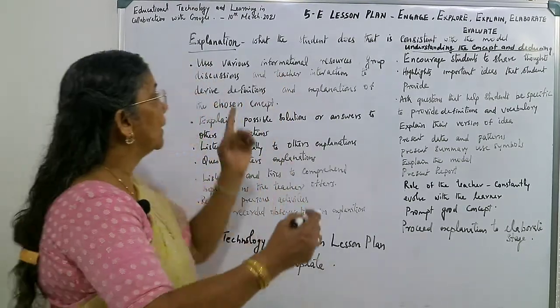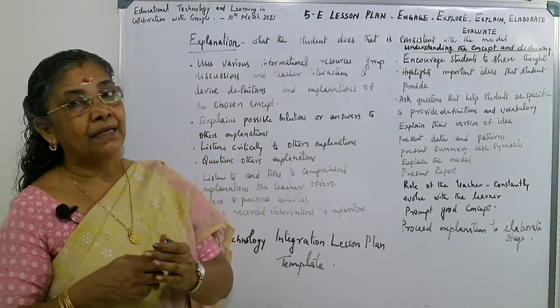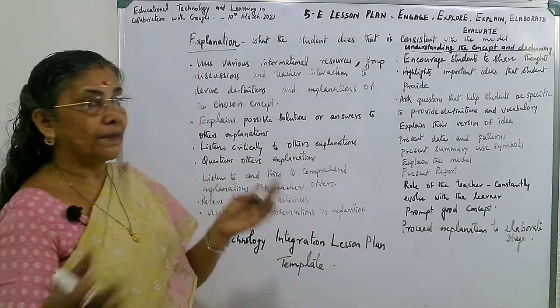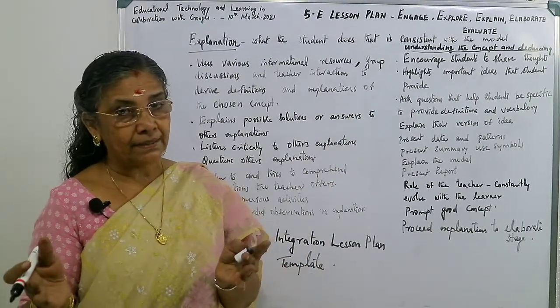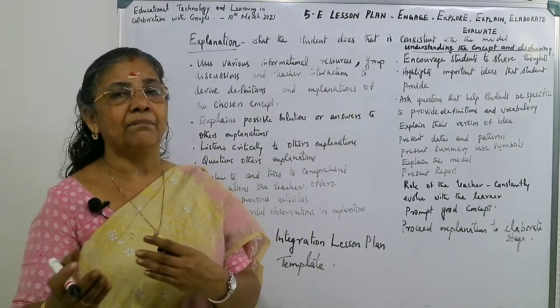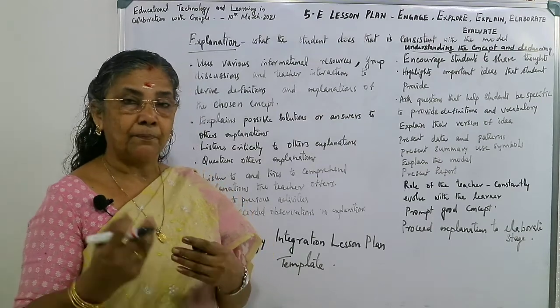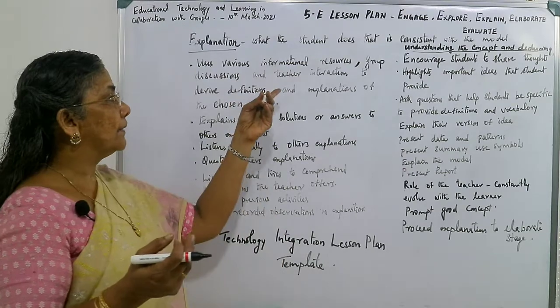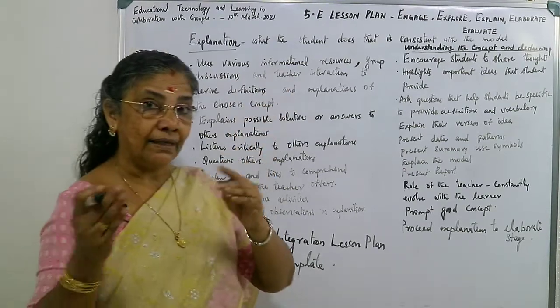With the various information resources, we are having group discussions. They are having group discussion among the students as well as in collaboration with the teacher. Suppose the students find some difficulty, they can ask the teacher also. And teacher interaction to derive definitions.